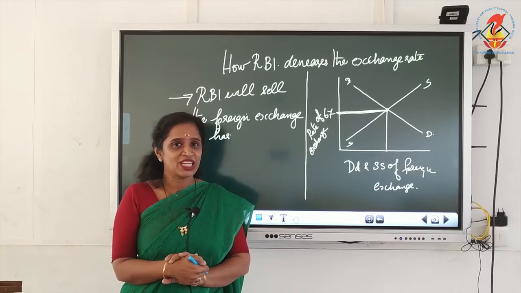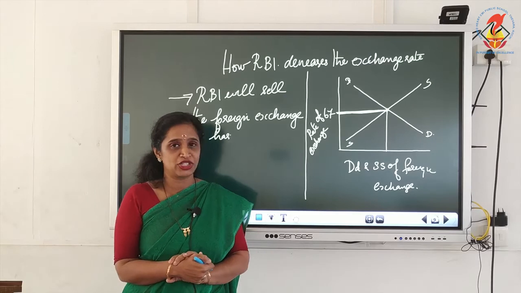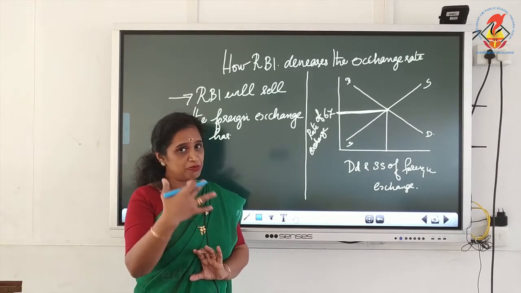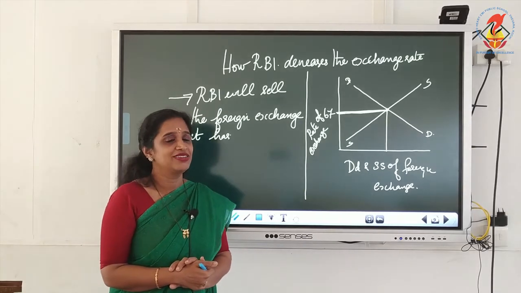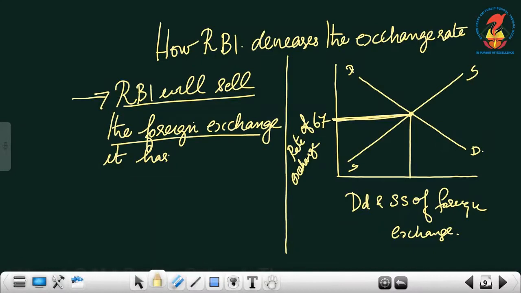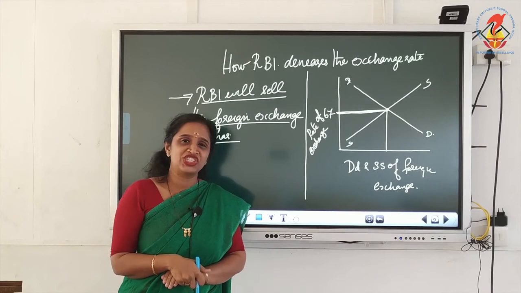So as we will get the goods for rupees 66 per dollar, $1 instead of paying rupees 67. So for the purpose, the first thing that RBI is going to do is sell the foreign exchange it has. If it is selling the foreign exchange that it has, that means it is going to supply the foreign exchange in the market.